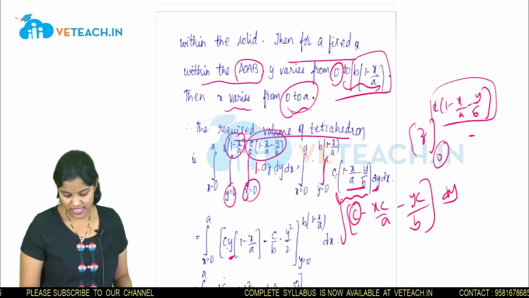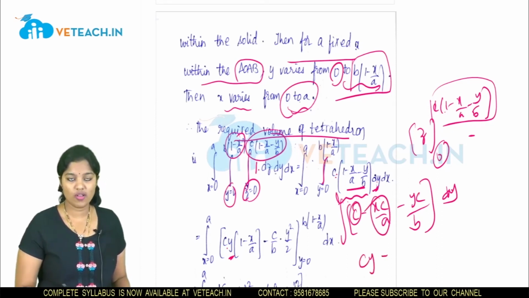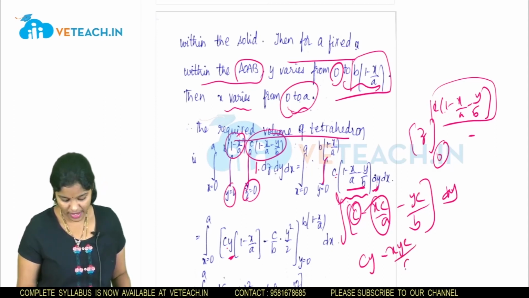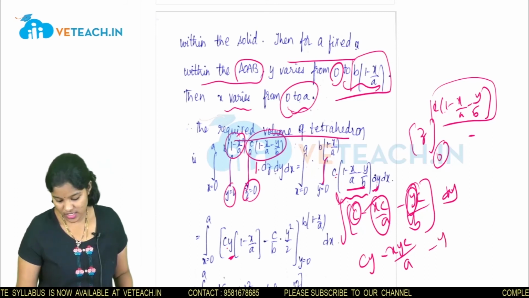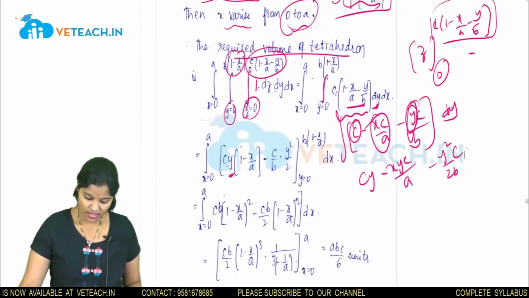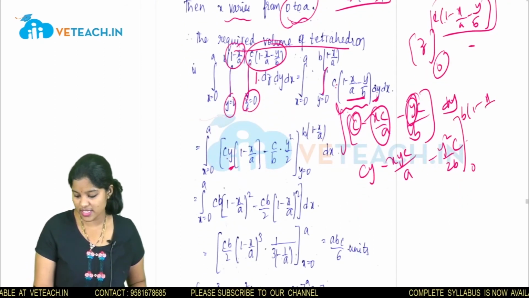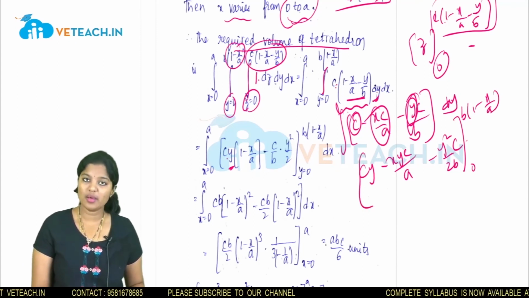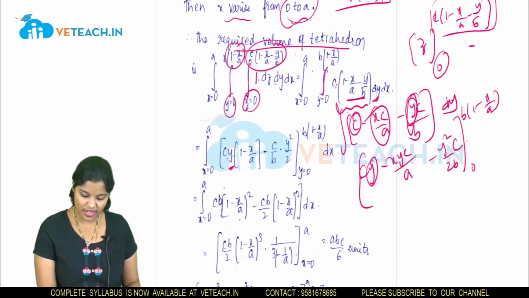What we will get? Integration of c is cy minus, this is also a constant, so we will get xy c by a. Again here we have a y term, that means minus y square by 2b into c. Okay. Now again apply the limits from 0 to b into 1 minus x by a. Upon applying the limits in place of y, we get c into b into 1 minus x by a.